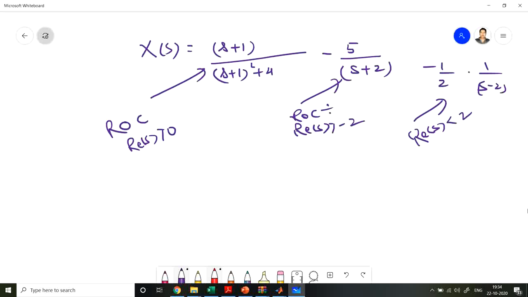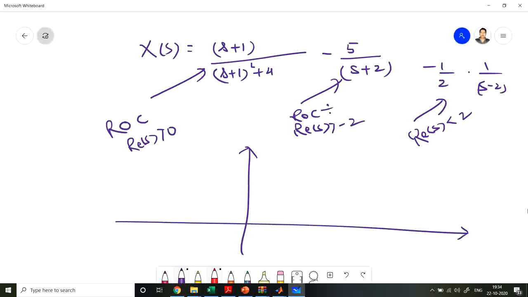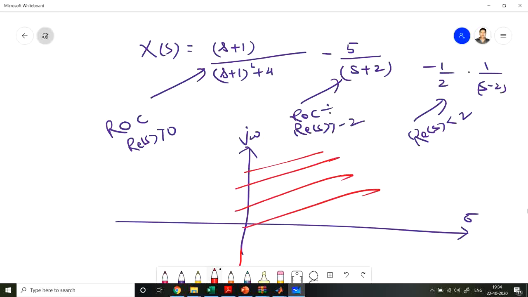Now if we plot all ROCs on a common axis, with sigma and j omega, this is real part of s greater than 0, the first ROC. The second ROC is real part of s greater than minus 2, so it is at minus 2.